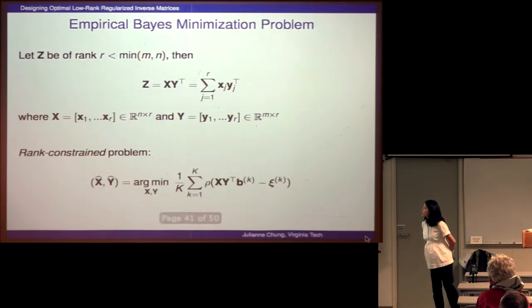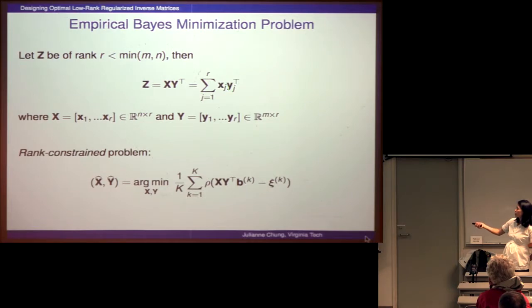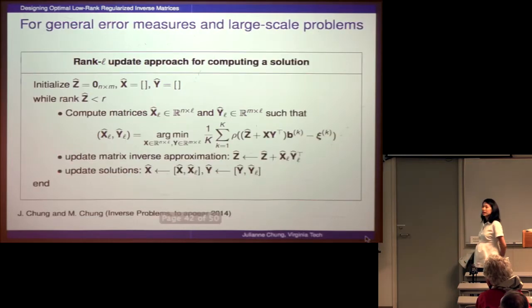Well, one thing we can take advantage of is that we know our Z is low rank, right? So therefore, you can write it as a sum of these outer products. And then your problem simplifies such that you're essentially looking for these matrices X and Y rather than that huge matrix Z. And we have an algorithm, an update approach, that can work for general norms as well as for large-scale problems.